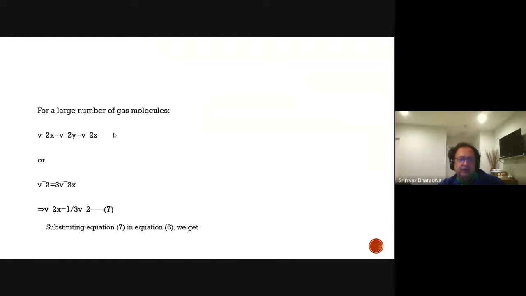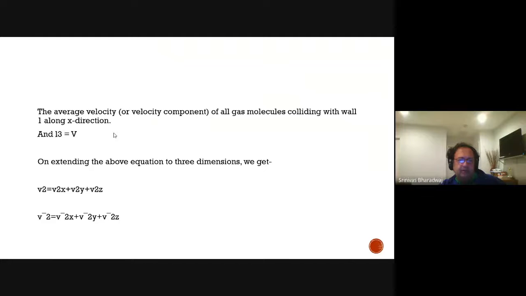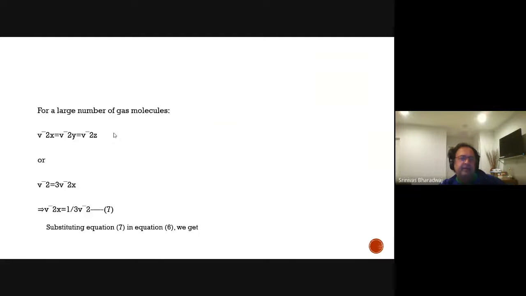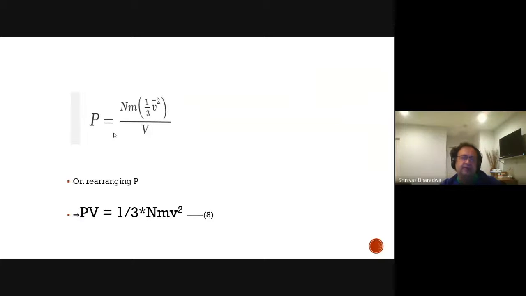Now, for a large number of molecules, roughly vx square, vy square, and vz square are equal, and therefore vx square plus vy square plus vz square equals v square. So v square is 3 times vx square, therefore vx square is 1 by 3 v square, for 3 dimensions, right?